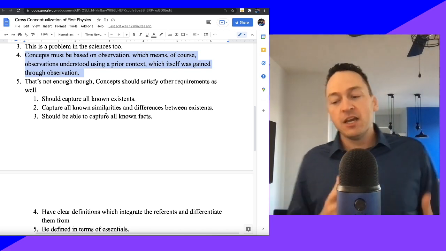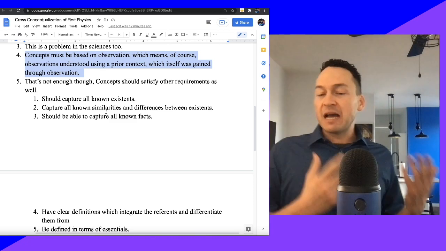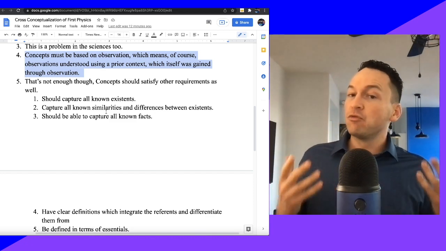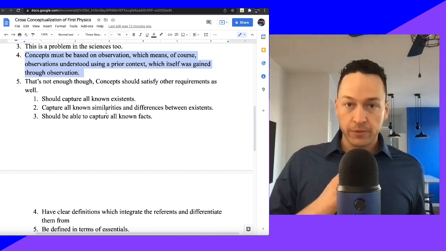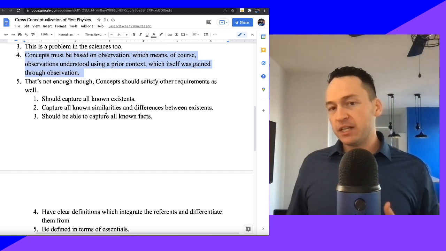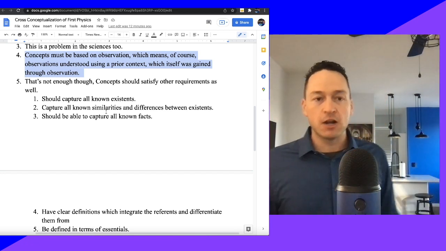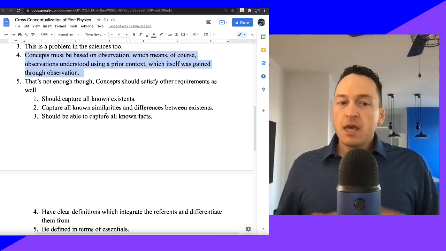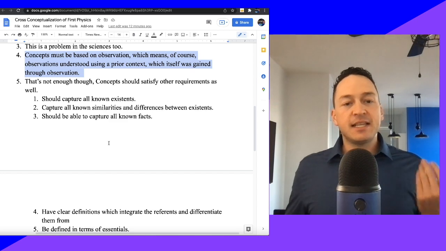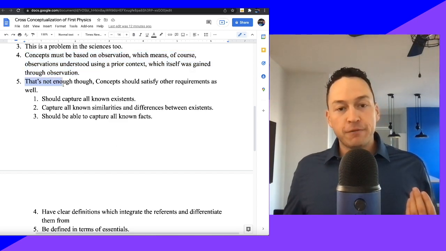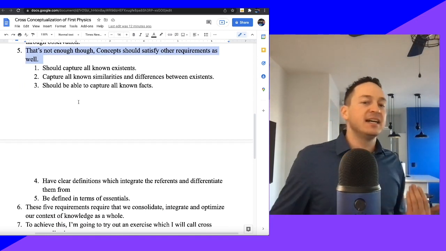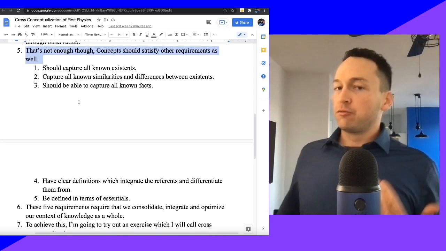I've basically shown you through example how to reason with, and only with, a prior context of knowledge. I demonstrated that over the course of the Inductive Summary of Physics. But what I'm finding is that actually isn't enough either. Concepts have to satisfy a number of other requirements.